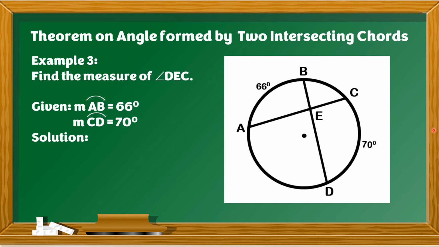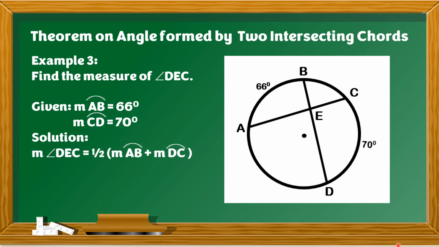And for the solution, we have now this equation, the measure of angle DEC is equal to 1/2 times the measure of arc AB plus the measure of arc DC. In the given figure, the measure of arc AB is 66 degrees and the measure of arc DC is 70 degrees.